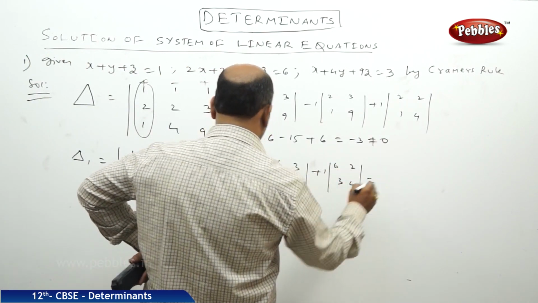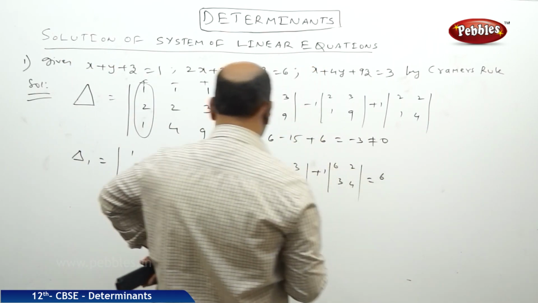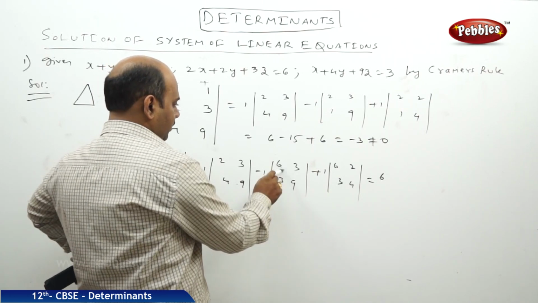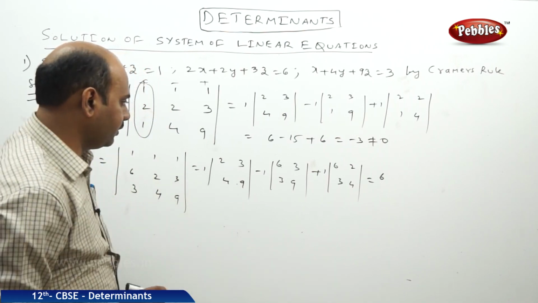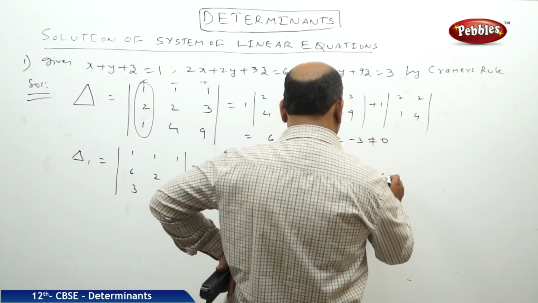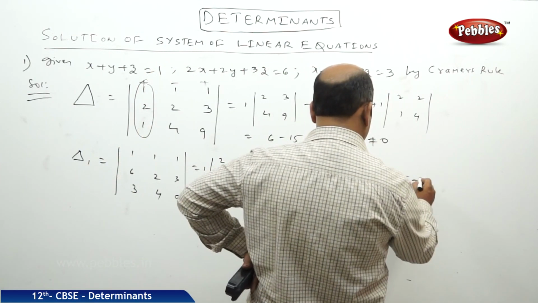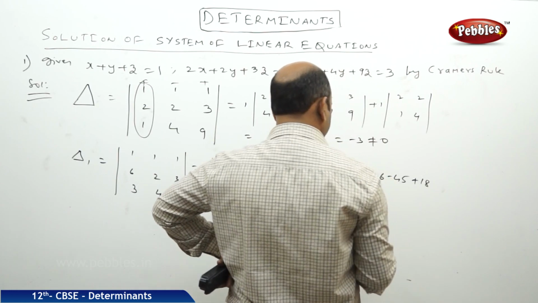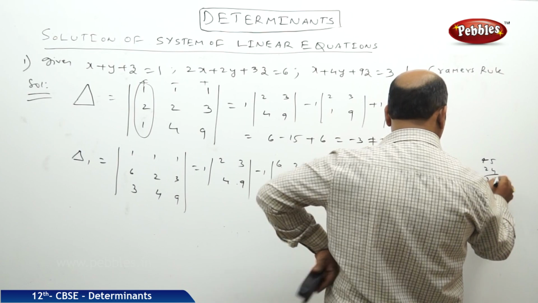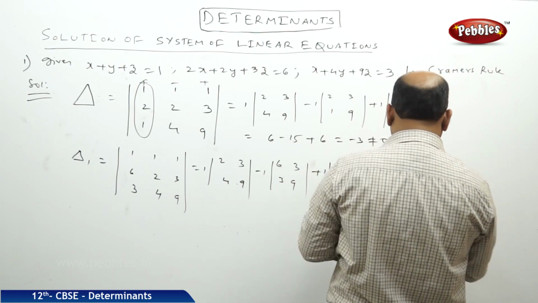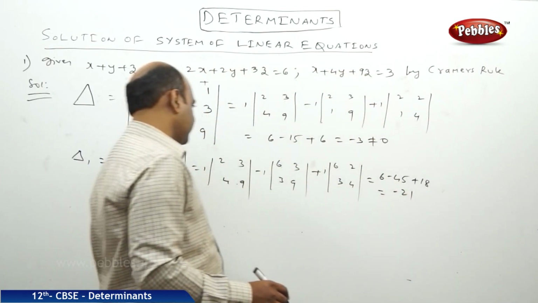So 18 minus 12 is 6, 54 minus 9 is 45 with the minus sign, and 24 minus 6 is 18, so 18 plus 6 is 24. So 45 and 24 gives, it will be minus 21.